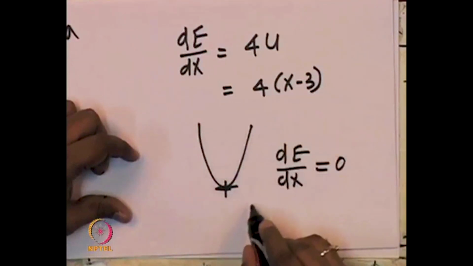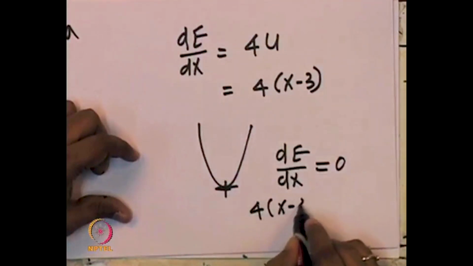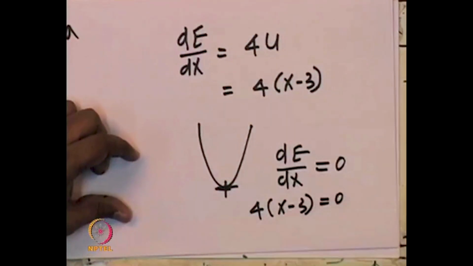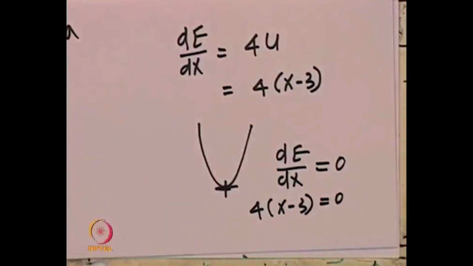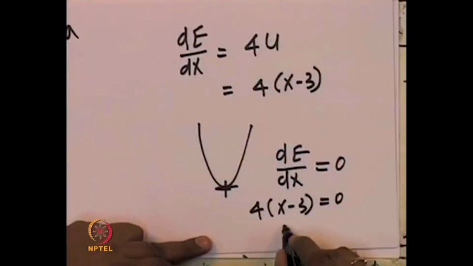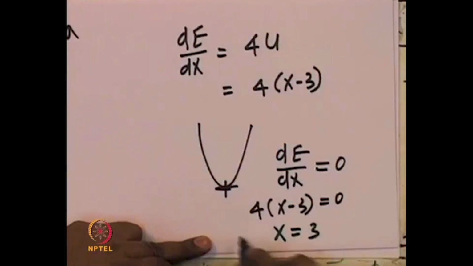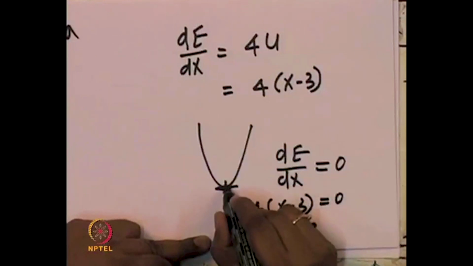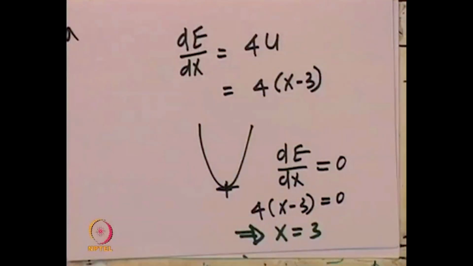That means 4 into x minus 3 is 0. 4 is not 0, so x minus 3 has to be 0, which means x equal to 3. So this point is nothing but x equal to 3.